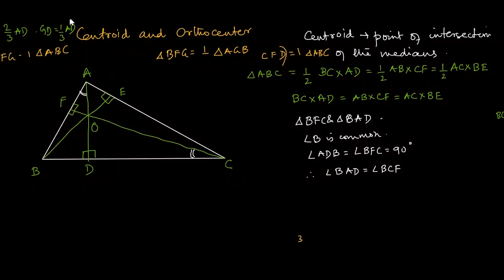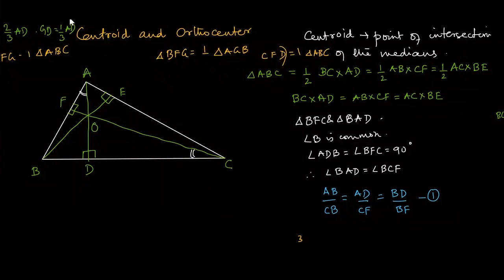AB over CB is equal to AD over CF, which is equal to BD over BF. So this is one relationship we get, right?